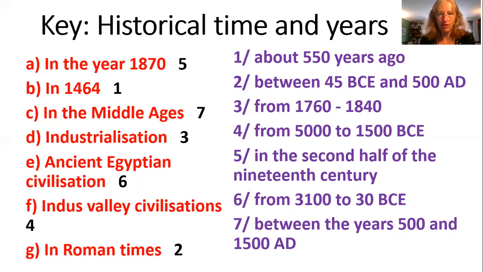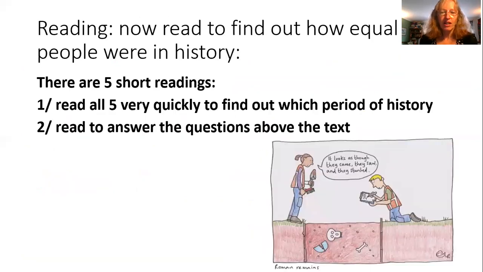Okay, let's move on. We're going to do 5 readings now, and you're going to read quickly. I think you don't like reading quickly, but this is really, really good practice at dealing with literature. We're going to find out how equal these people were in history in the past.